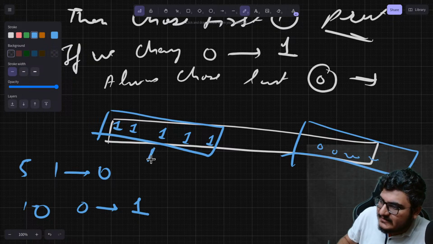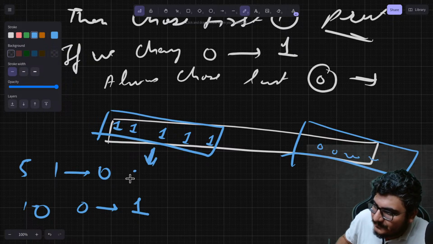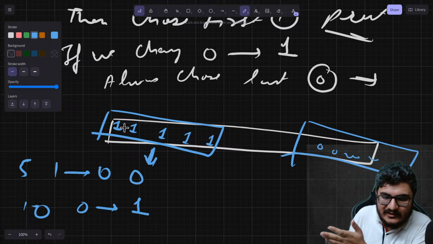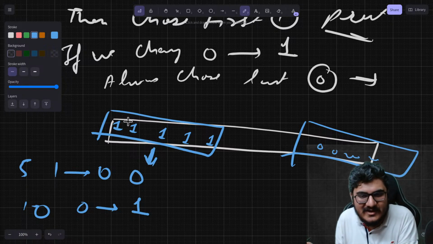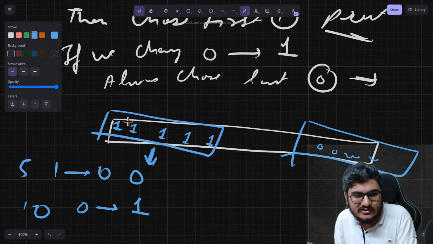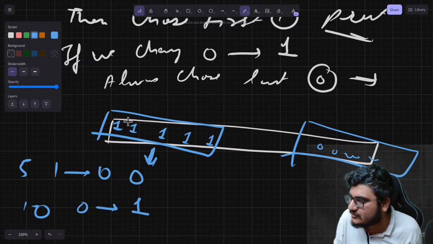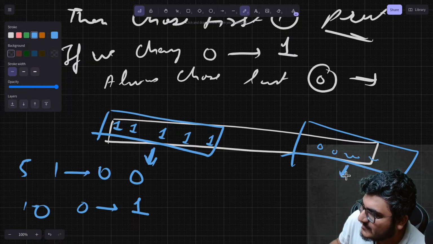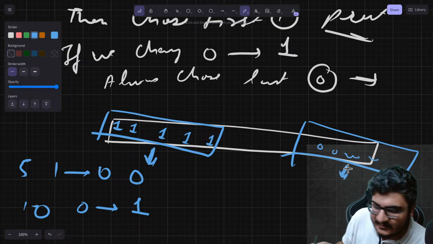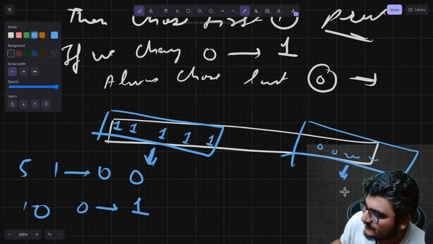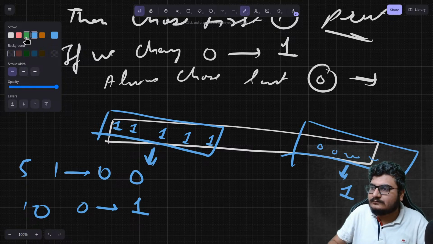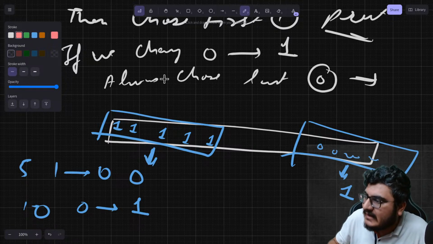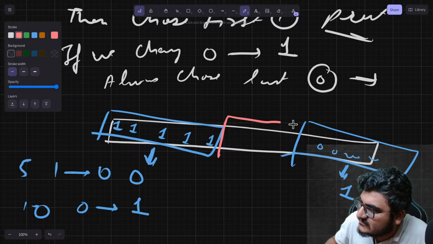So in the prefix part, everything here would be 0, because until the first 5 ones, some of the zeros were already there and some of the ones you have changed to 0. And in this suffix part, you have changed all the zeros to 1, so everything here would be 1. And this would be some unchanged part here.